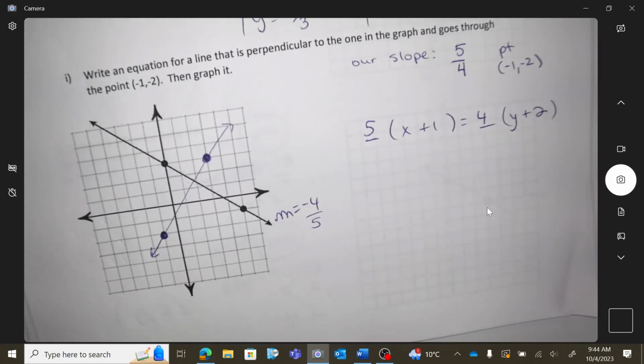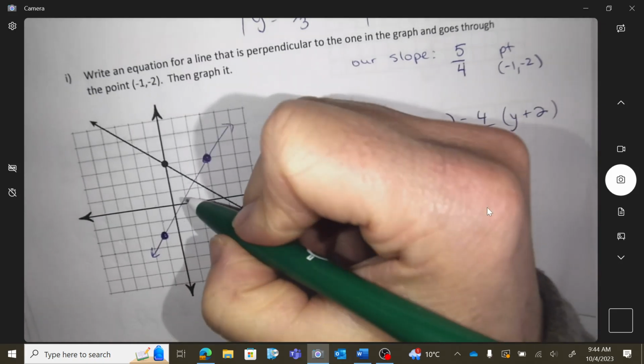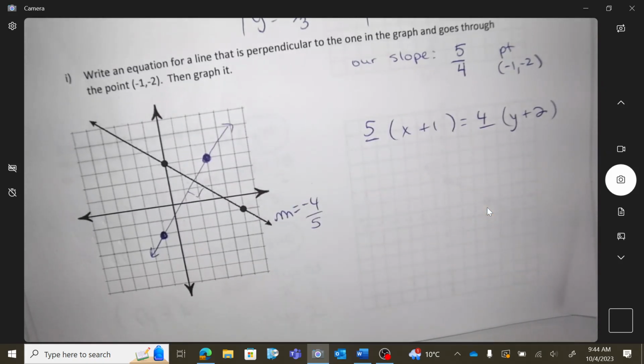And when you look at your drawing, does it look perpendicular? Would you say that that's a 90-degree intersection? Yeah, I would say it looks pretty good.